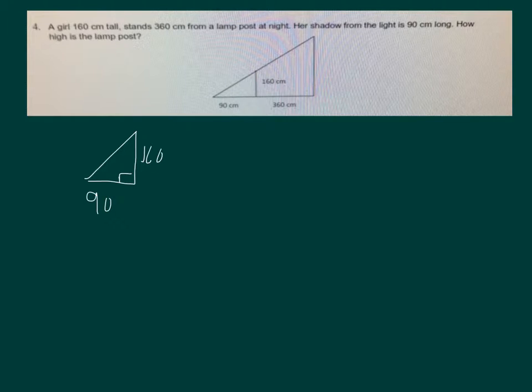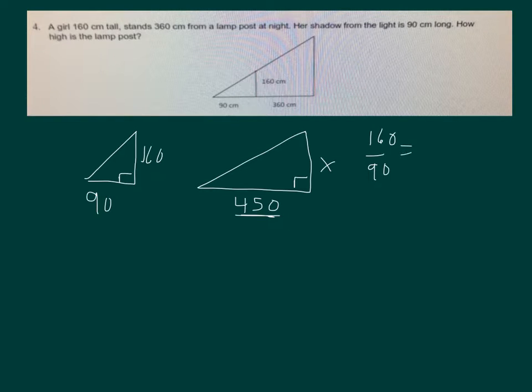The second triangle that's going to be similar to that one is this triangle here, whose bottom side, his horizontal side, is 450, and vertical side is x. Now I think you may have used just 360 for this side here. If you set that up as a ratio, you're going to find that you have 160 to 90 equals x to 450, and you will get the 800 answer.